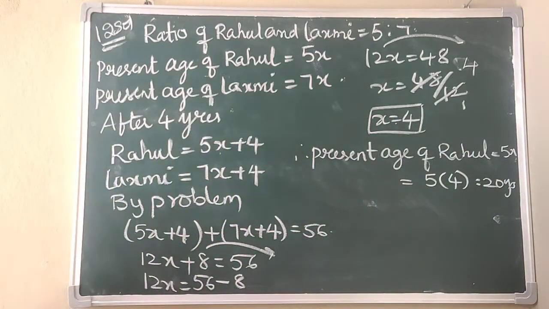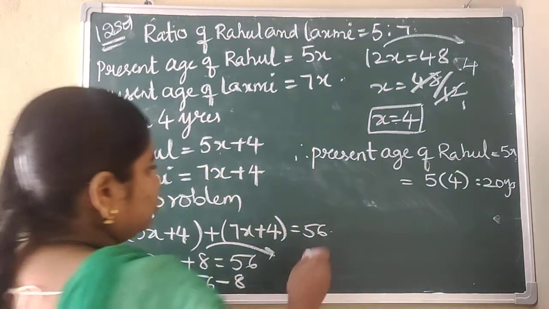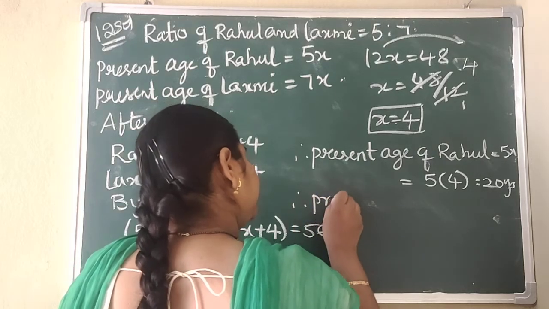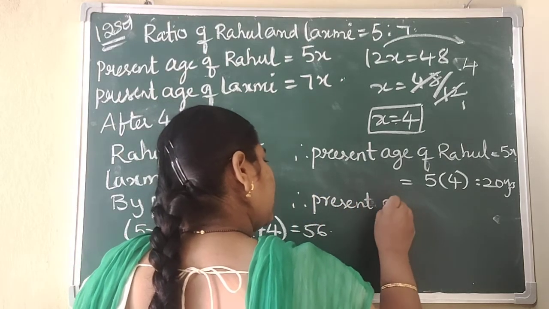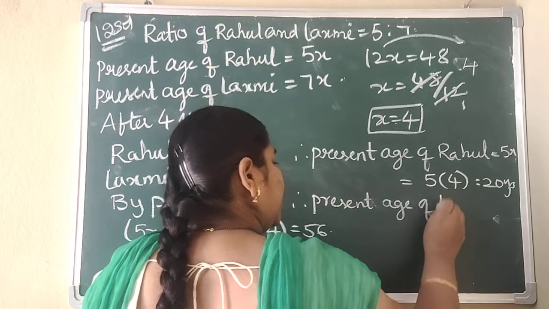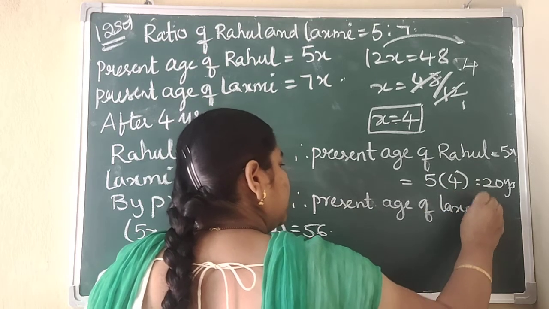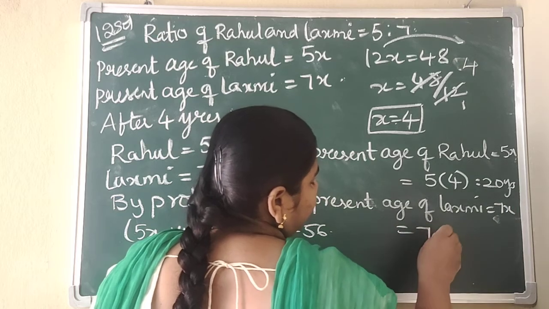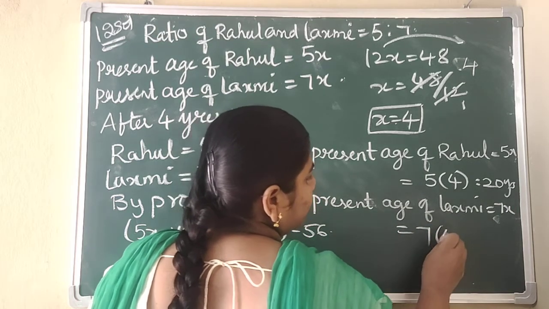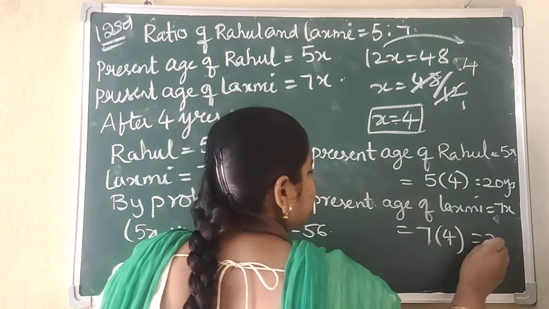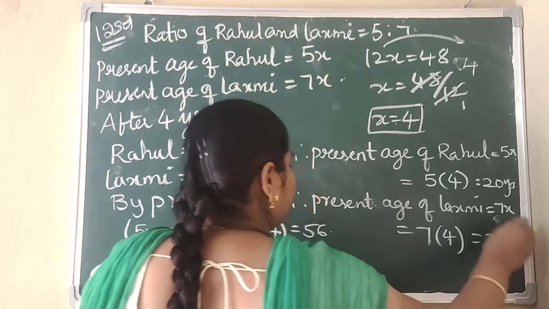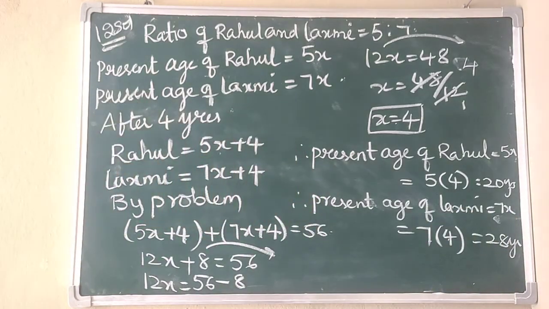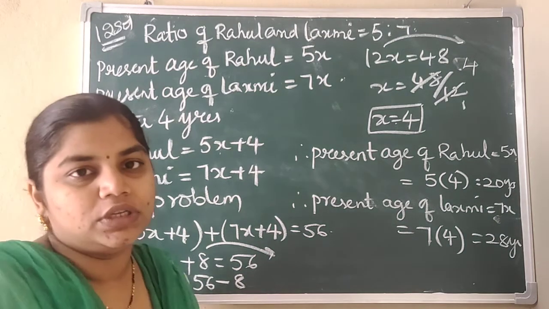And we have to find the age of Lakshmi now. The present age of Lakshmi is 7x. 7 is a constant value and the x value is 4. 7 fours are 28 years. So the present age of Rahul is 20 years and the present age of Lakshmi is 28 years. With this our 12th solution is completed.